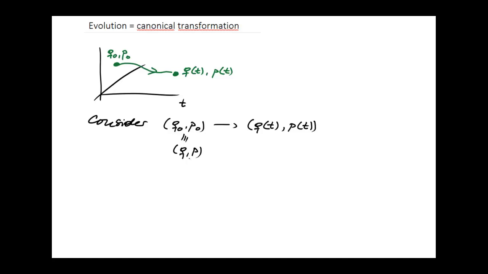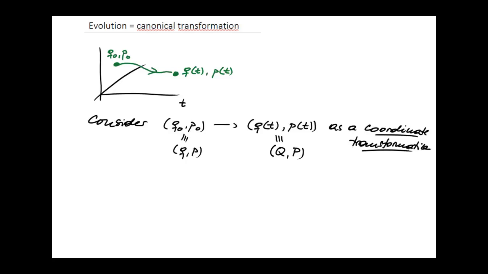So the q naught and p naught we identify with the original coordinates, little q, little p, and the location in phase space at some later time we view as the new coordinates, and we call them capital Q and capital P. And we consider this map from the original to the new coordinates as a coordinate transformation in phase space.